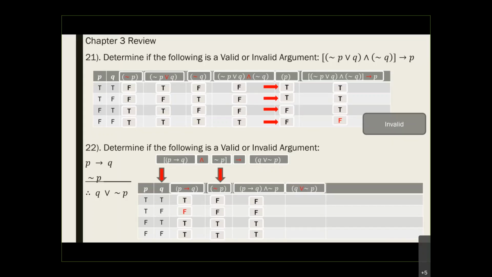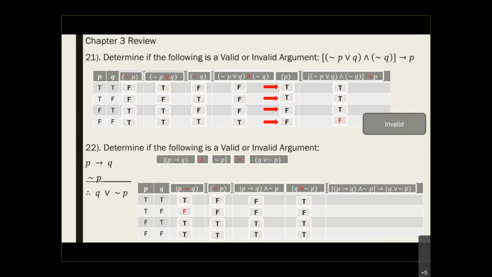The criteria for OR is that as long as there's a true, the result is true. It doesn't matter which one, as long as one of them is true, the result is true.